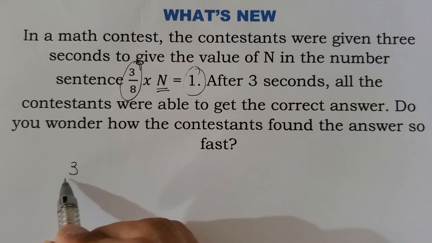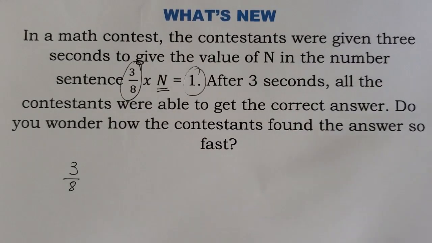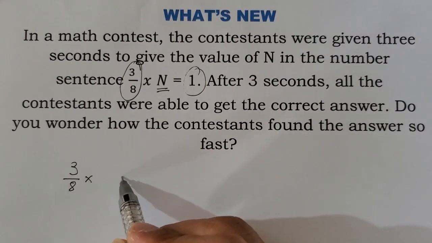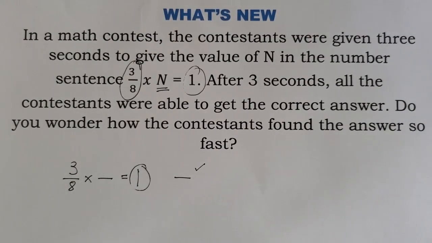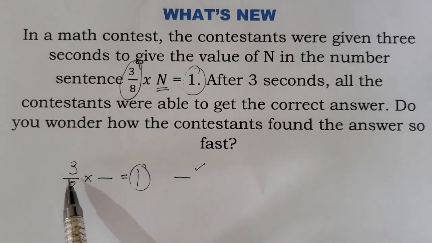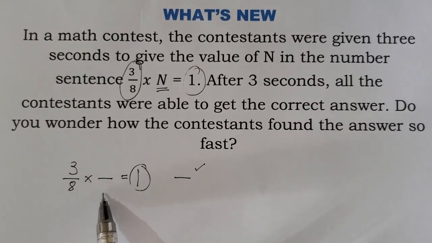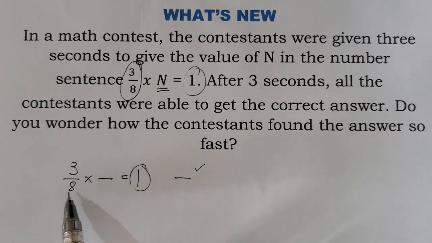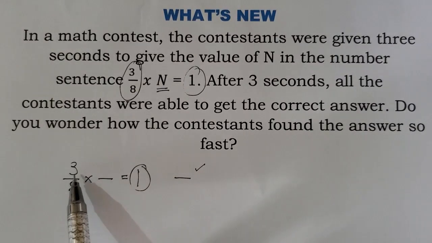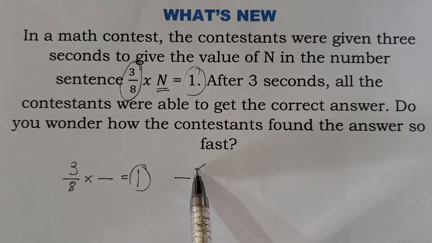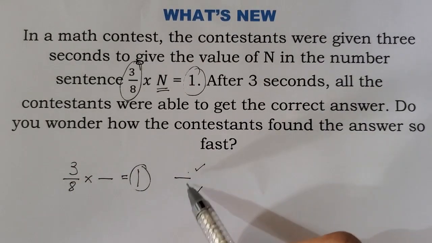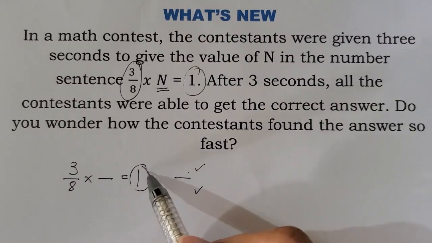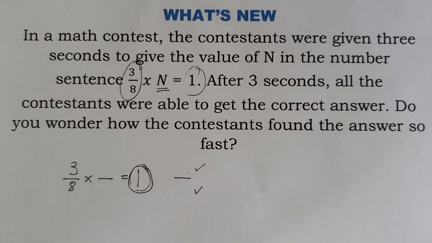What number is to be multiplied by 3, and at the same time what other number is to be multiplied by 8, wherein 3 and this number will give the same answer as 8 and that number, so that the numerator and the denominator will be the same and it will be equal to 1.